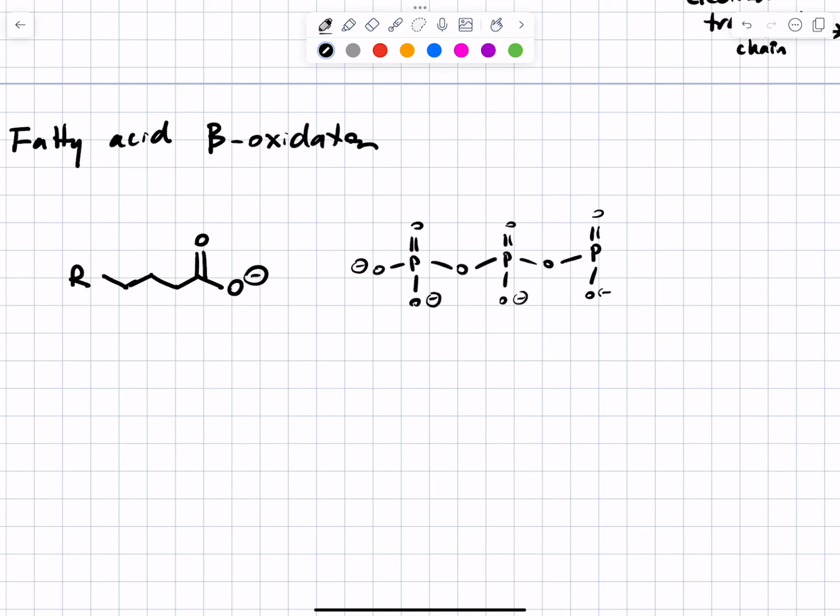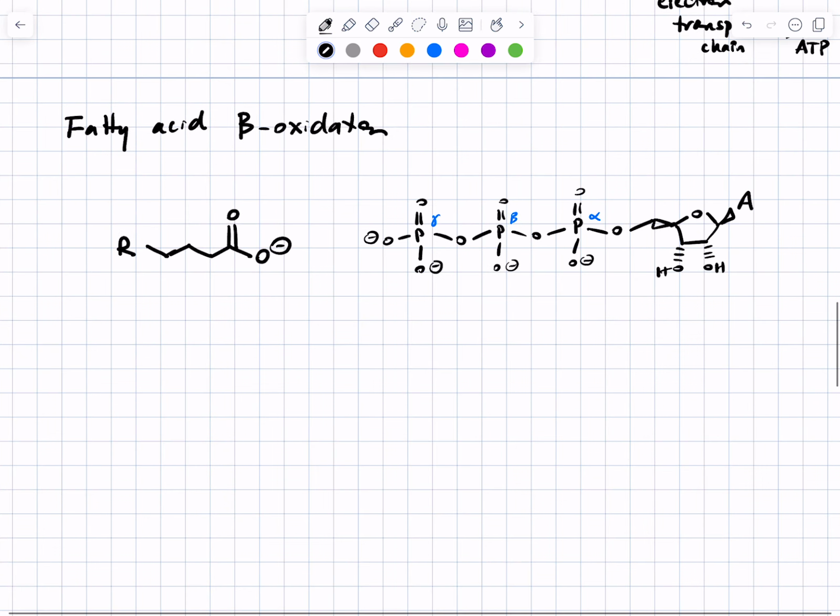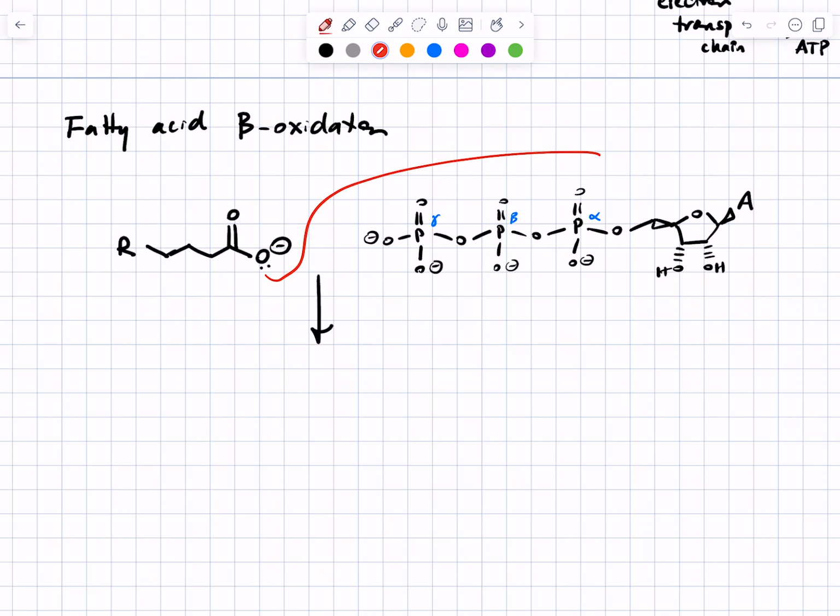This is going to be a kinase reaction which has the carboxylate act as a nucleophile to attack one of the phosphoruses of ATP, only this time it's going to be the alpha phosphorus instead of the gamma phosphorus. So we'll show lone pairs on the carboxylate oxygen attacking the alpha phosphorus.